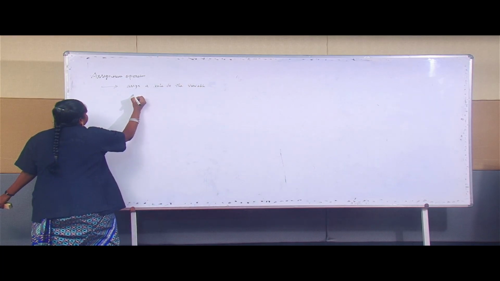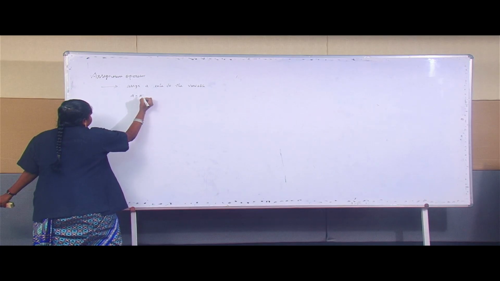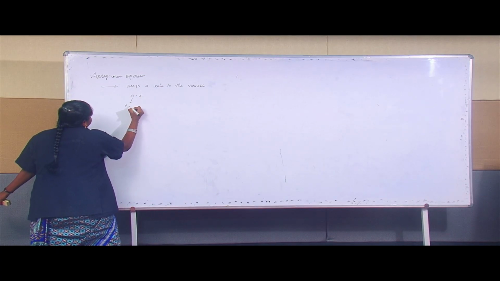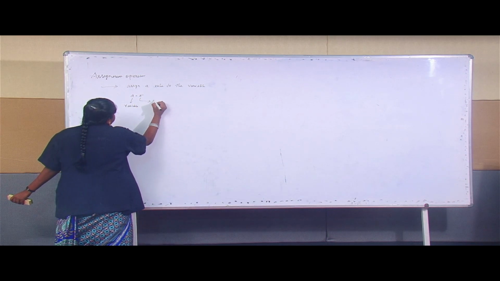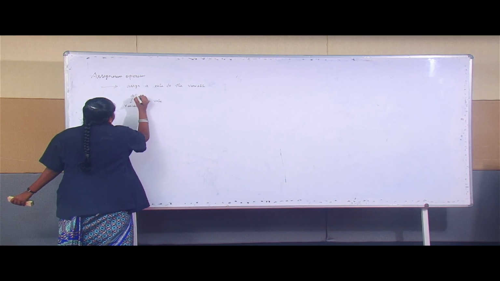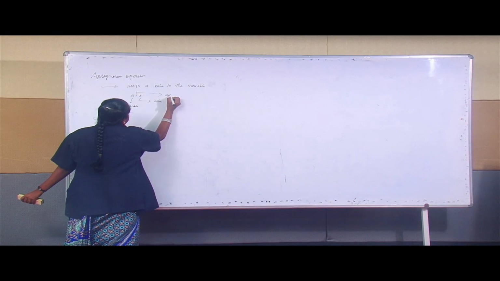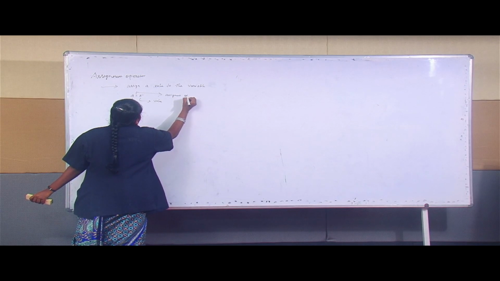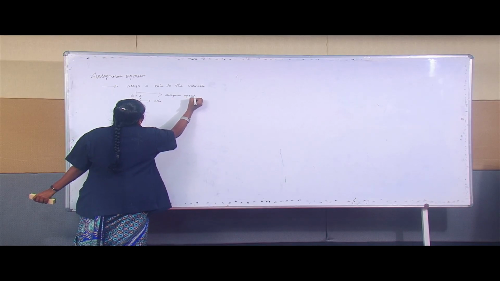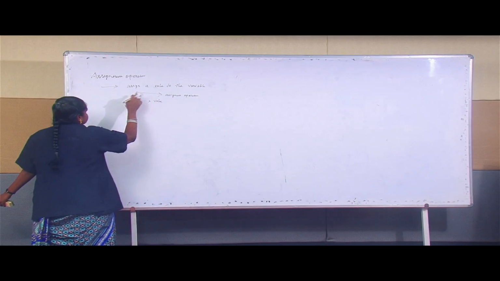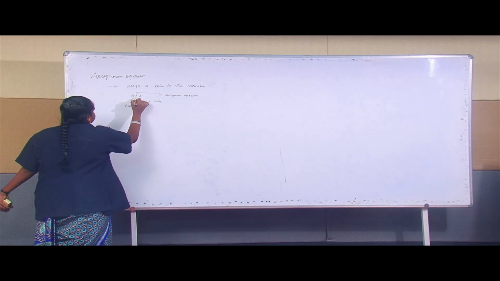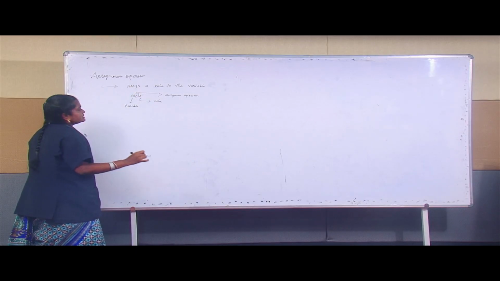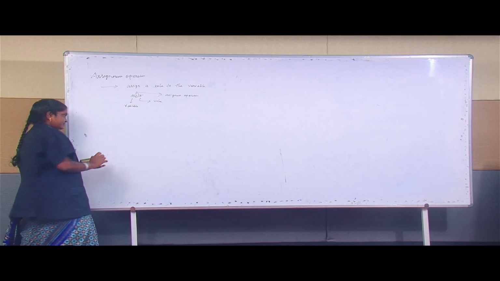For example, a equal to 5, means a is a variable, 5 is a value, and this one is known as assignment operator. So, the 5 will be assigned to the a with the help of this operator. So, this one is known as assignment operator.